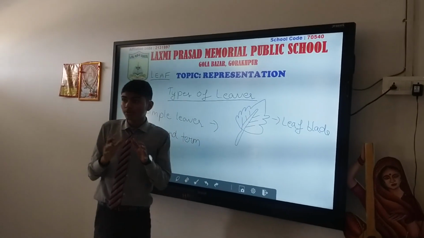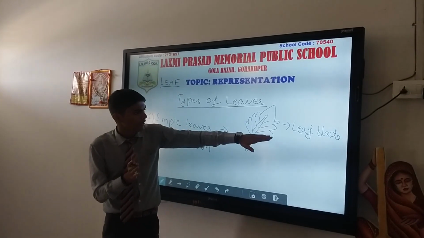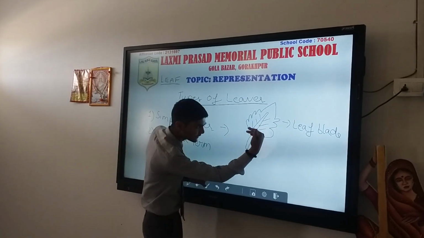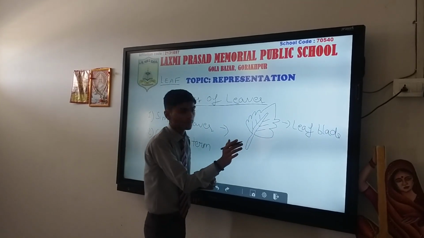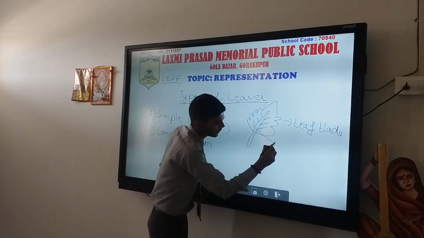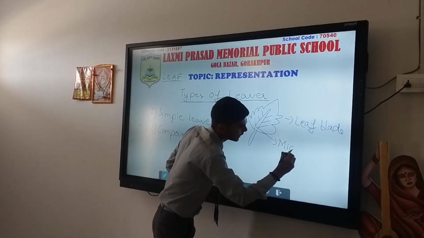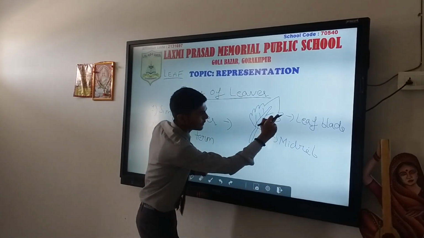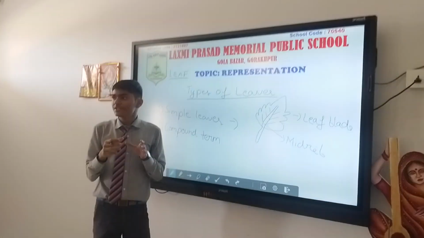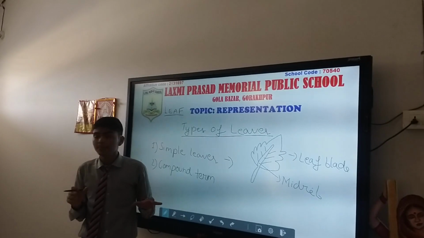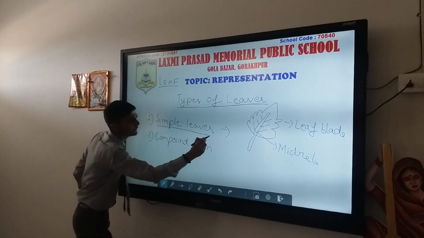When the leaf blade or lamina invaginates inside but does not touch the midrib, it is termed as a simple leaf.